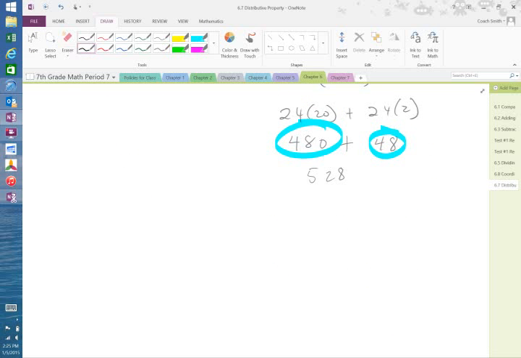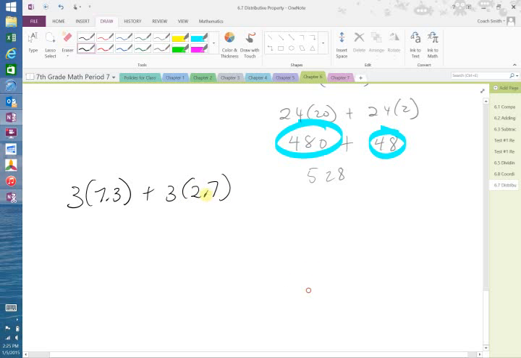I want you to do this problem right here. 3 times 7.3 plus 3 times 2.7. You have 20 seconds.